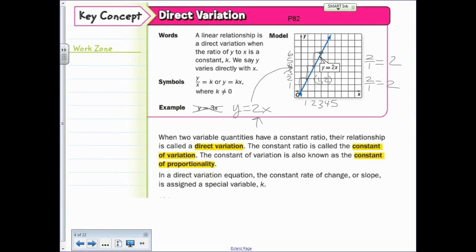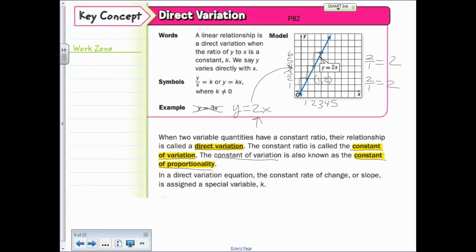So let's talk about that for a second. If there is a constant ratio, we have what's called a direct variation, which has a constant of variation. And the constant of variation is the same as the constant of proportionality.